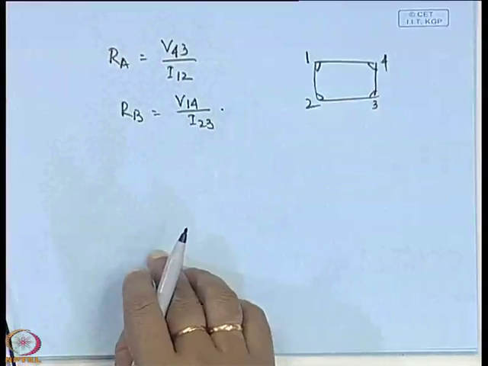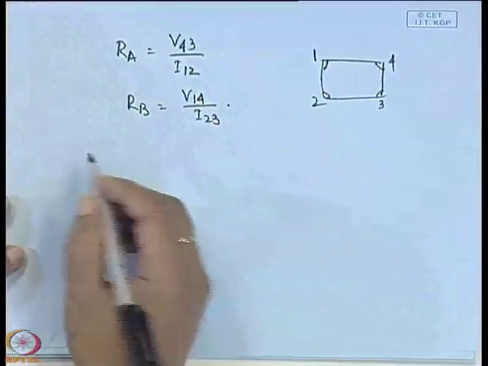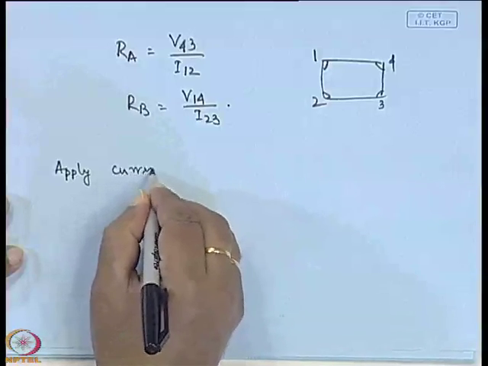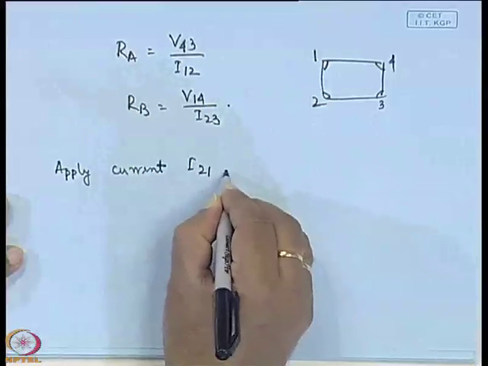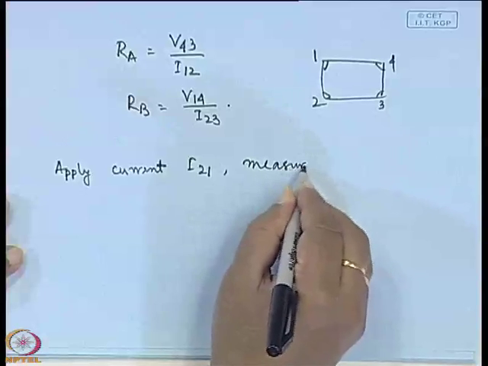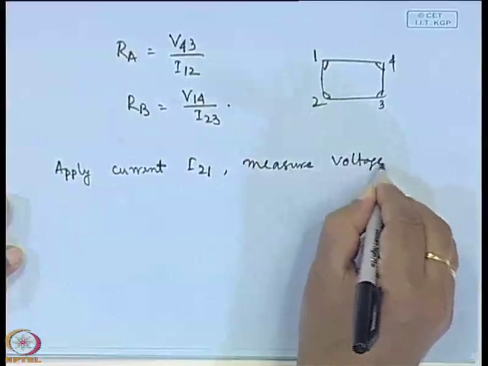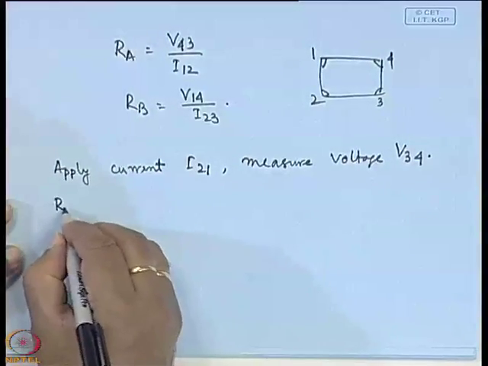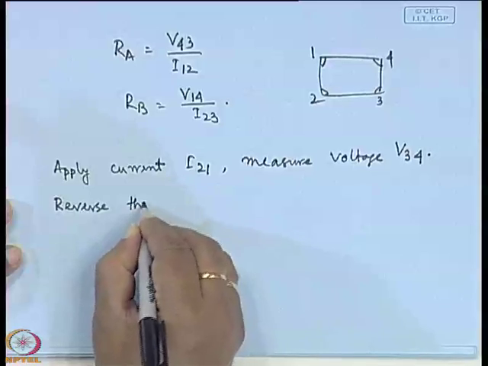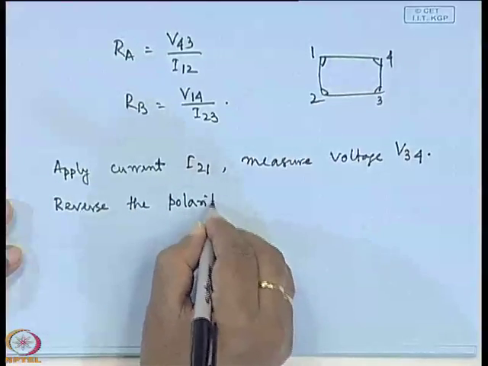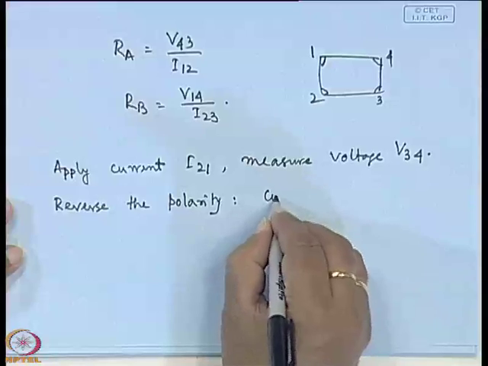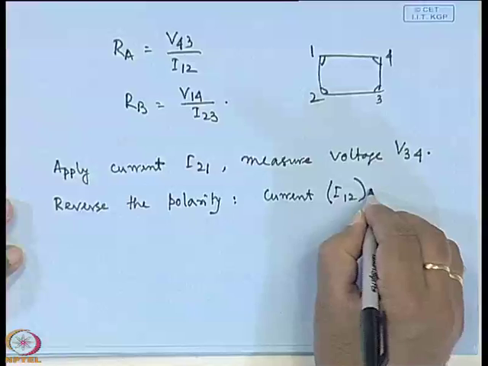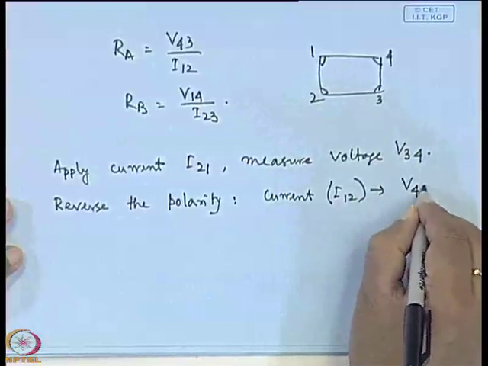Then generally the situation is very simple. Apply current I21, measure voltage V34, reverse the polarity, now current is I12 and the corresponding voltage is V43.